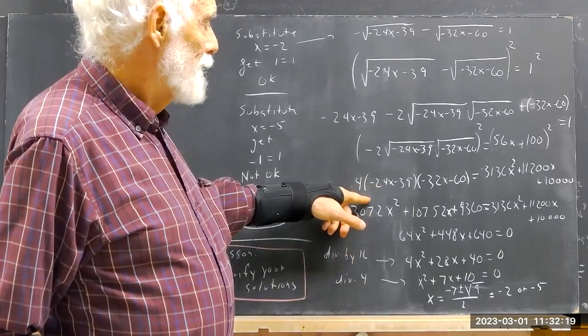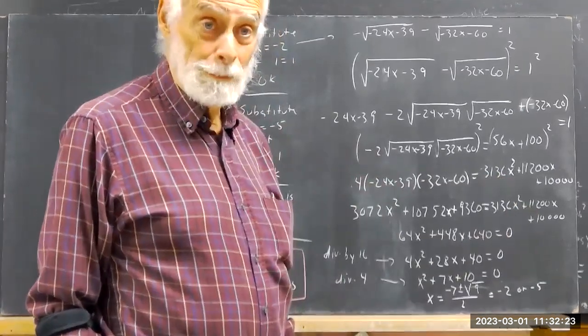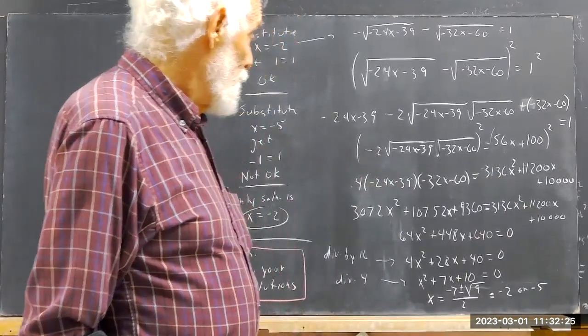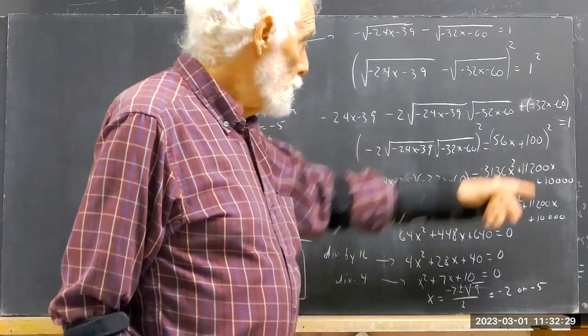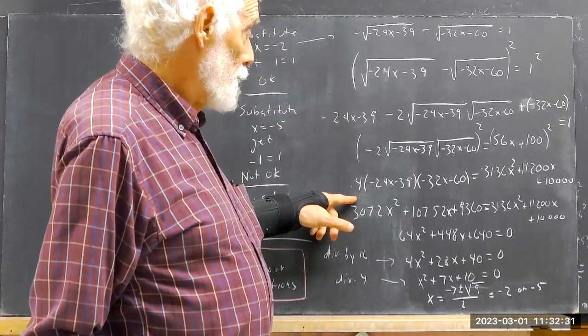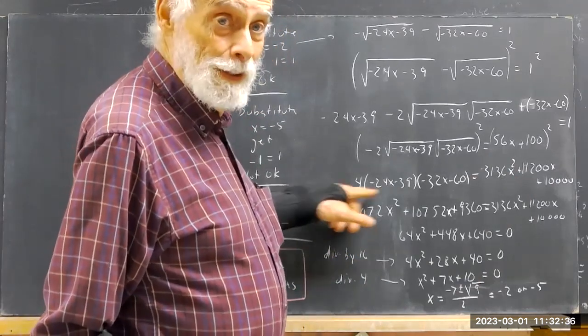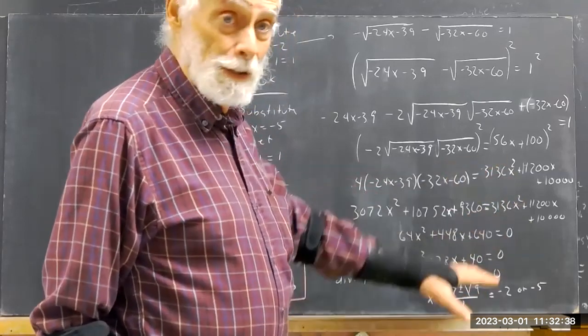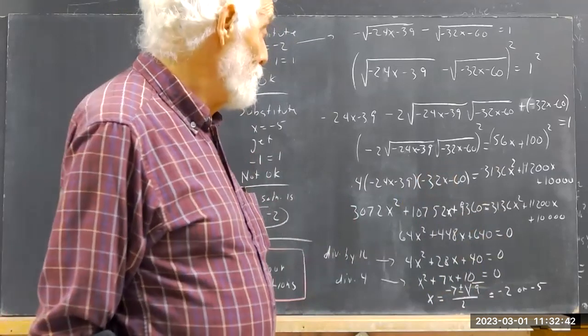Actually, at this point, it's very clear that you could divide both sides of this equation by 2, right? And if you divide both sides by 2, then you can look at it again. All the numbers are still even, and you can divide by 4. And since you've got a 4 out here, divide everything by 4, the numbers get a lot smaller. You lose a digit on just about all of these numbers.